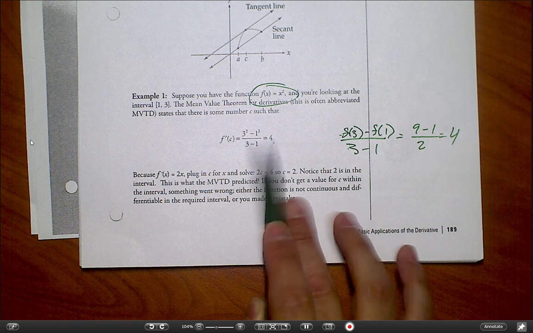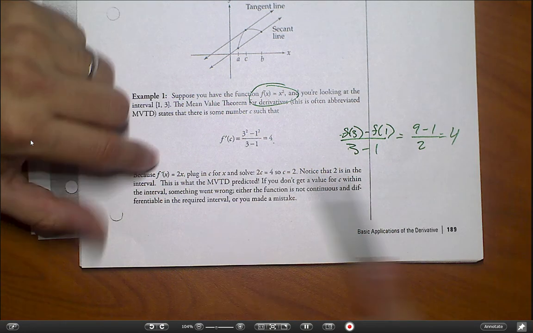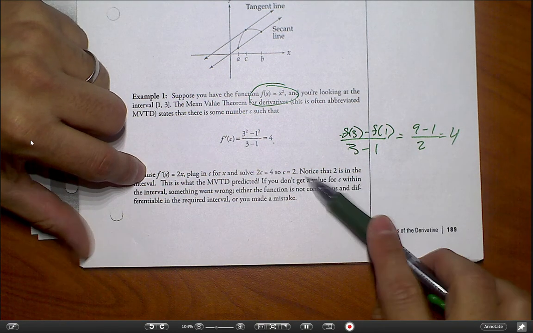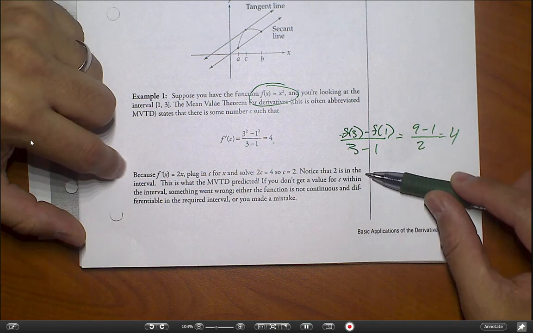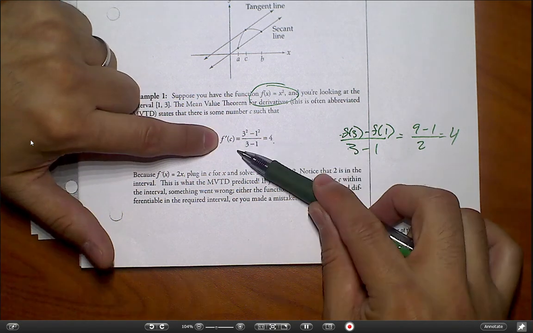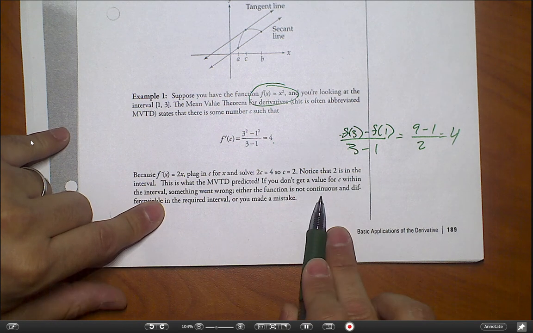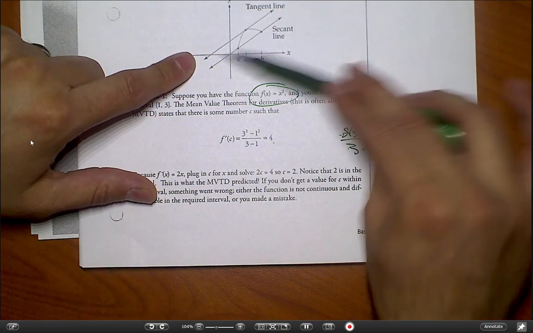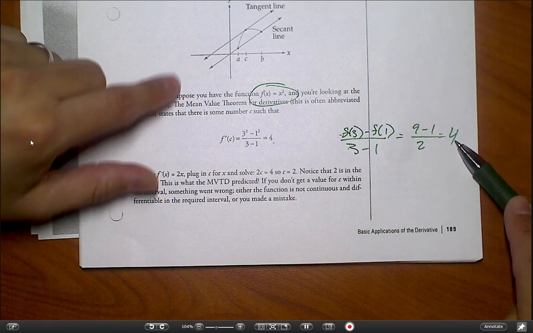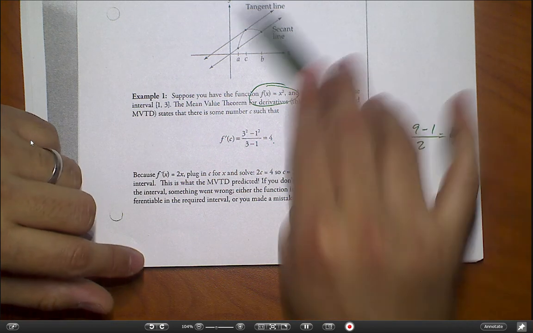It's going to be asking you to find somewhere over here where this is going to be equal to 4, because I have the slope. So there's going to be some value in here where my slope is equal to 4, somewhere in between. That's all it's saying.